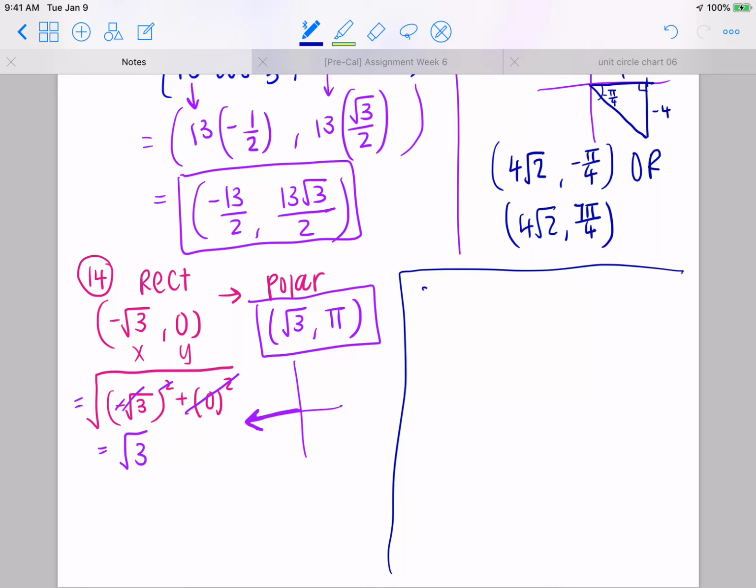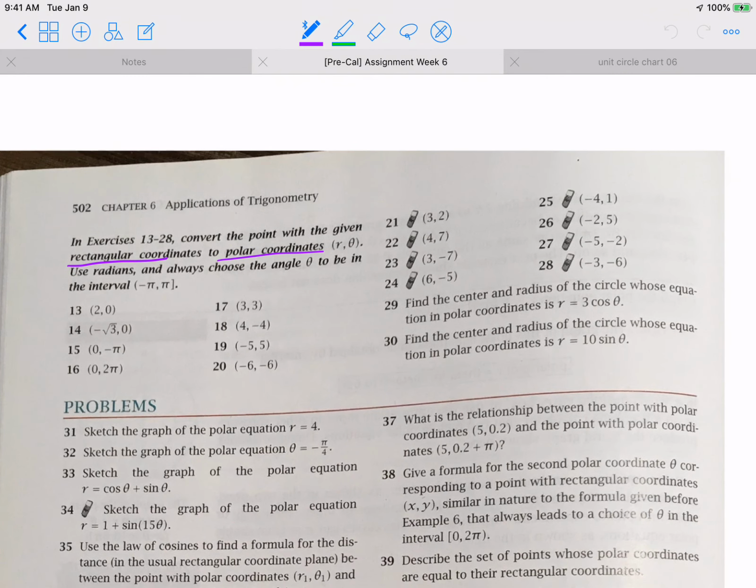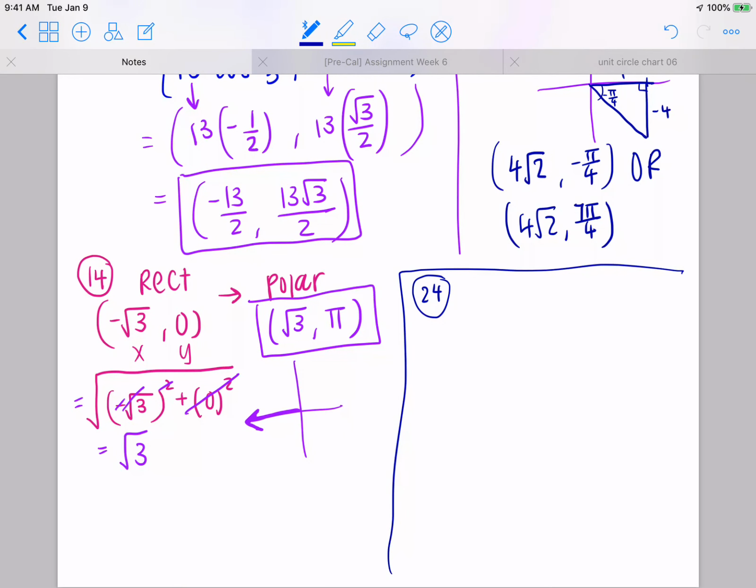Last question. I'm going to do number 24 because that side of the homework requires a calculator. This part requires a calculator, so make sure you have your calculator ready. This question is 6 comma negative 5. So let's look at our square root. 6 squared is 36.